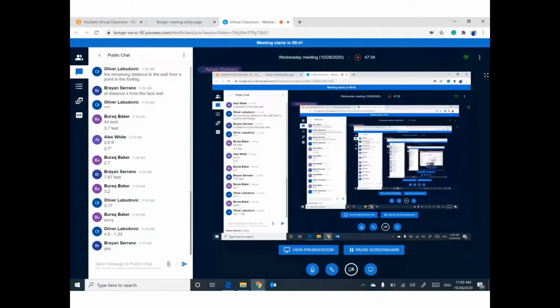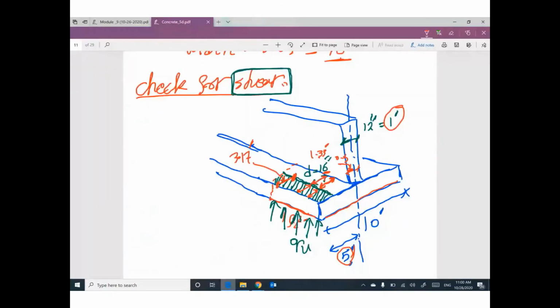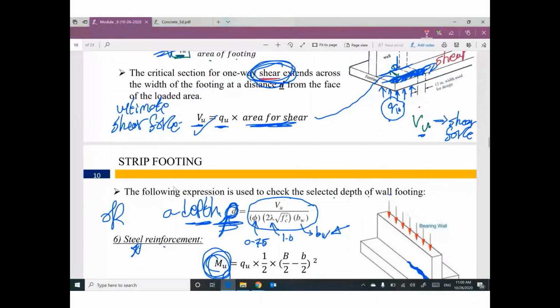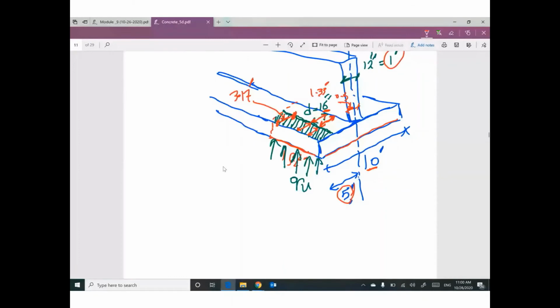Okay. So the only key, please go ahead and divide this width by 2.